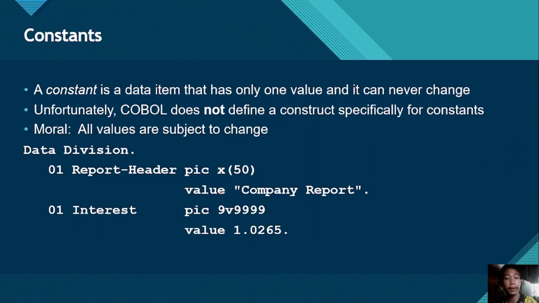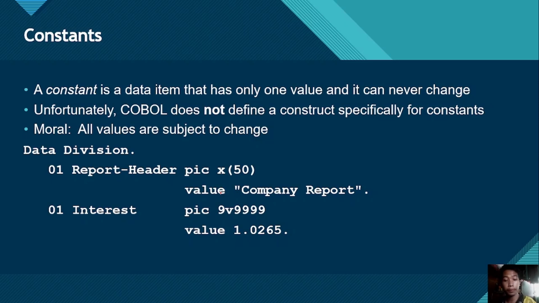So constant is a data item that has only one value and it can never change. Unfortunately, COBOL does not define a construct specifically for constant. So the moral of this is that all values are subject to change. So example, data division. Report header pic x parenthesis 50 value is equals to company report. Interest pic 9 decimal 9,999 value is 1.0265.